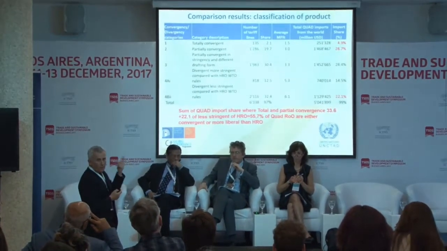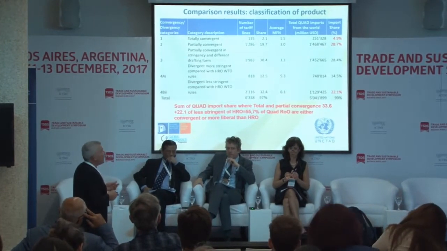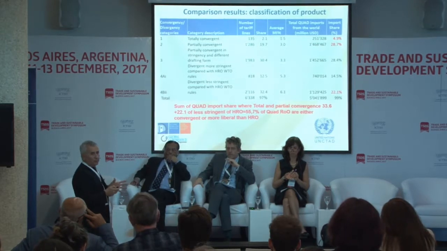First of all, we found out that the rules of origin in some cases were totally convergent, and this represents 4.9% of total imports from these countries, the Quad countries being the European Union, United States, Japan, and Canada. Then for 28% of the trade on imports, the rules of origin are partially convergent.